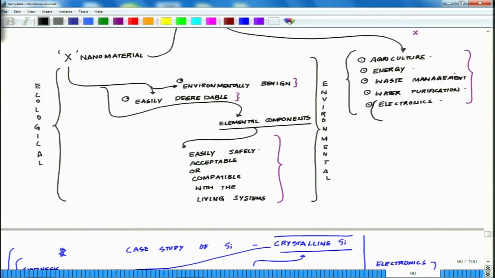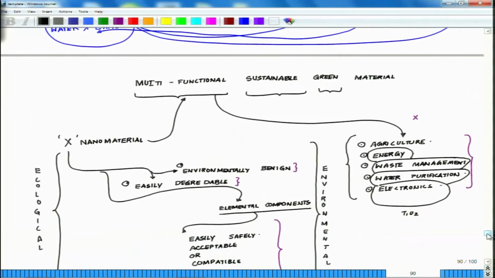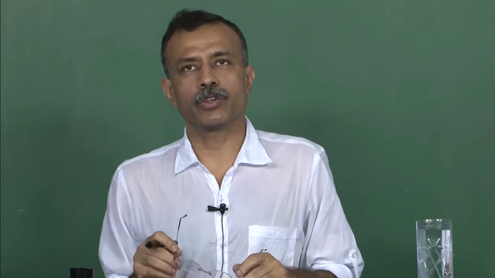So titanium oxide has electronics application, it could be used for water purification, maybe for waste management, and it could be used for energy. So this is when I say a material should have multifunctionality. This is exactly what I meant, that this is how the multifunctionality of a material could be decided.